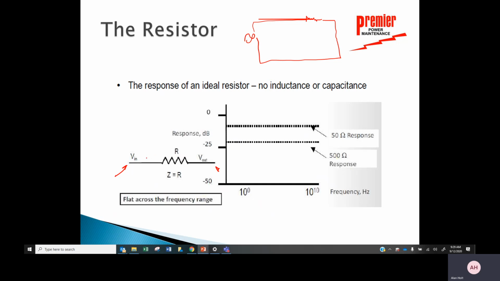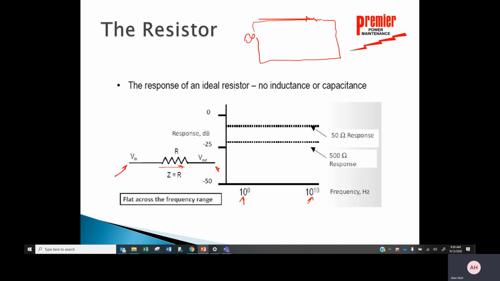My losses are across this resistor, but it really doesn't matter what the frequency is. If I vary the frequency from 0 hertz, or from 1 hertz, up to 10 times 10 to the hertz, this is a flat line. My output is going to be the same across everything because the reactance of that resistor doesn't change.